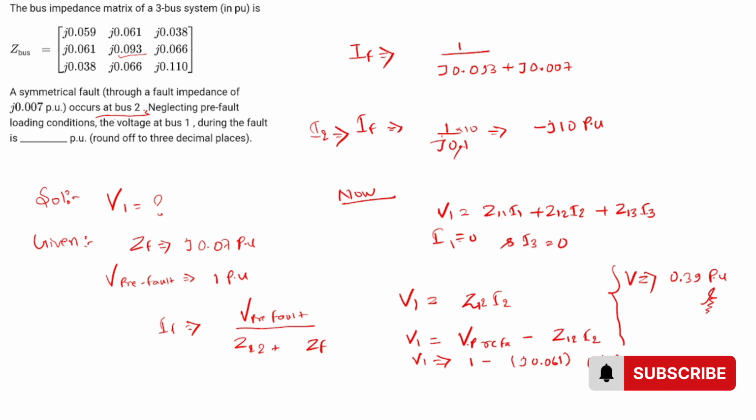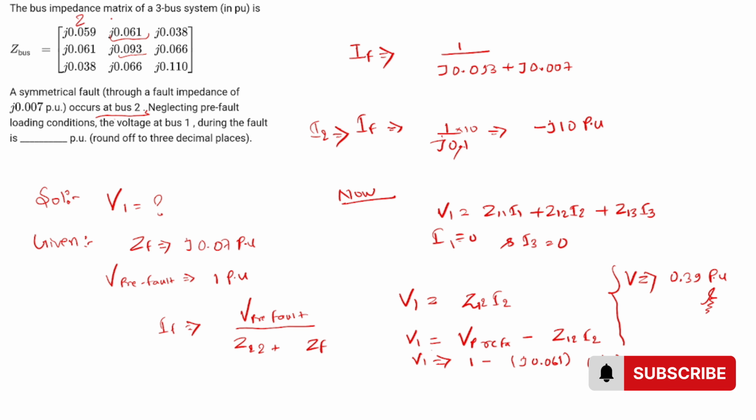Why did we write V pre-fault as 1 per unit? Because in the given condition of the bus impedance matrix, V1 is equal to V pre-fault minus Z12 into I2. V pre-fault is given as 1 per unit and Z12 is 0.061.